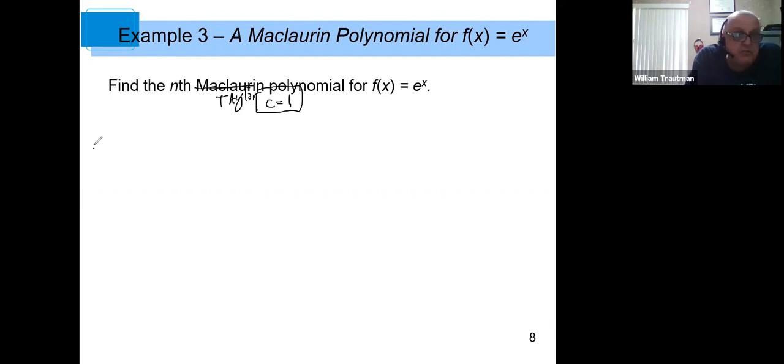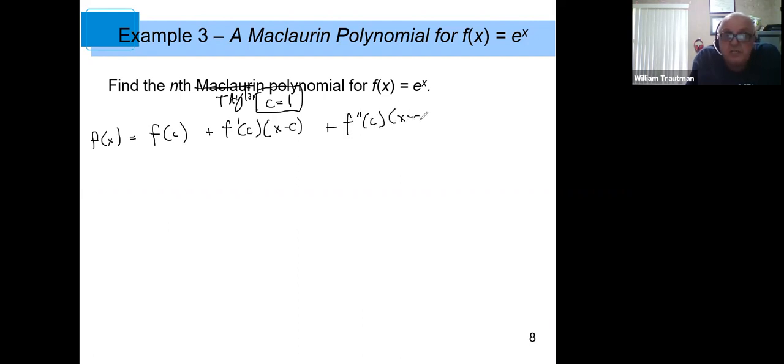I'm going to write down the formula again. f of c plus the first derivative with c in it, times (x minus c), plus the second derivative with c in it, times (x minus c) squared. Since we're doing the second derivative, we have to do squared over n factorial.